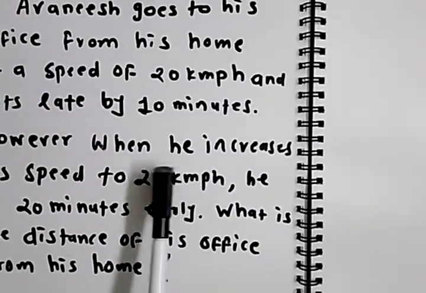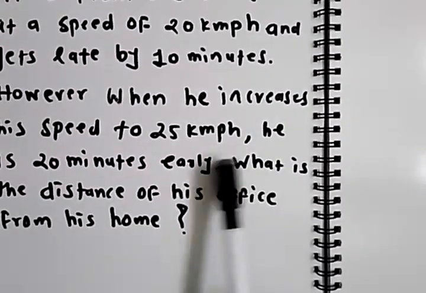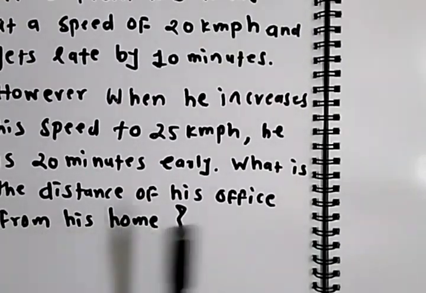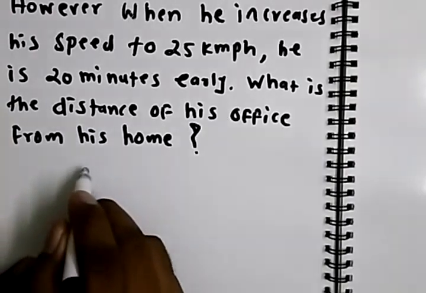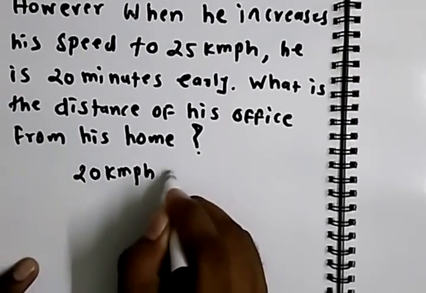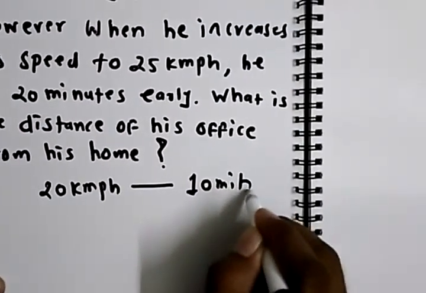However, when he increases his speed to 25 km per hour, he is 20 minutes early. What is the distance of his office from his home? So what's given here? Initially, when he used to go by 20 kmph, he was 10 minutes late.